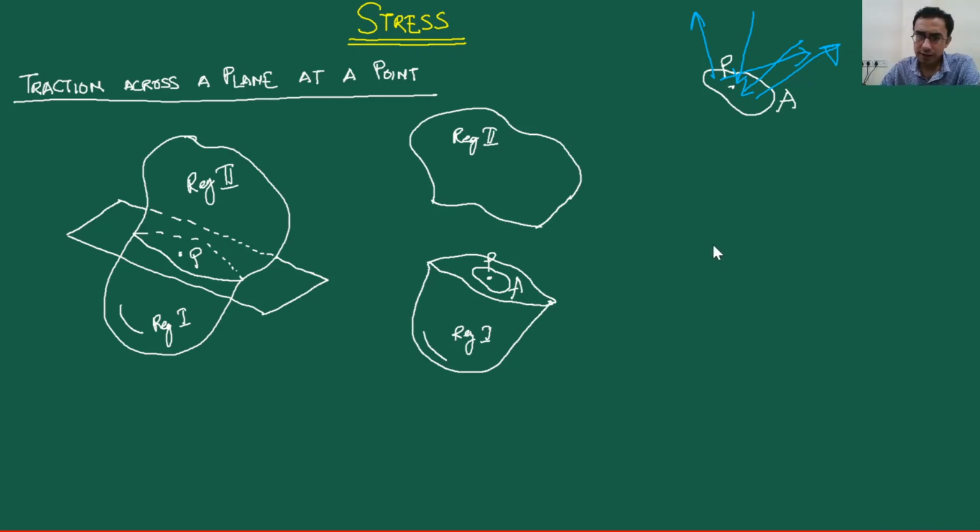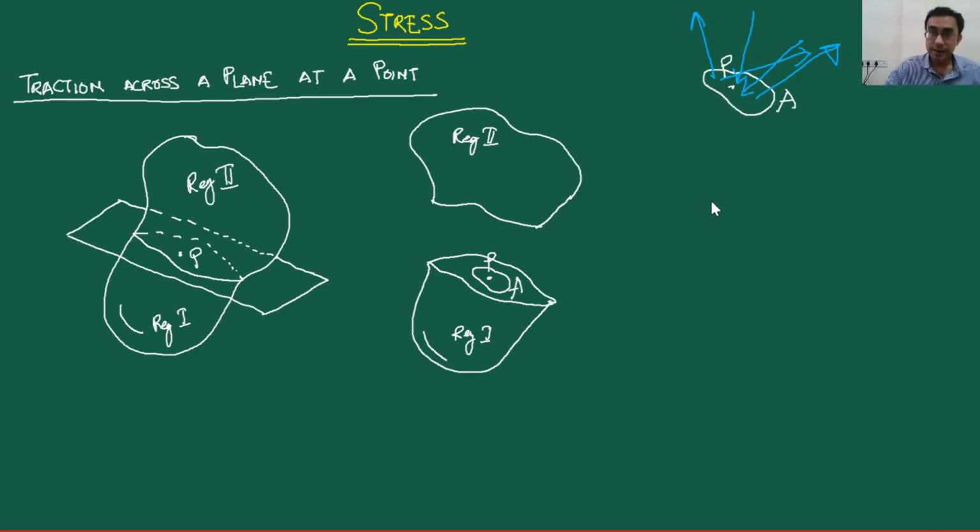Now you have to understand that this distribution of forces acting only over the region A is not going to balance the forces which are present over this outer surface. It is the actual distribution of forces all over this entire plane that has been exposed by the cutting plane that is going to balance these things. However, for our purpose, we are only concerned with the distribution of forces that are acting on this area A.